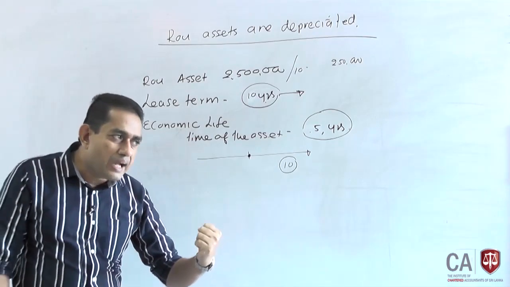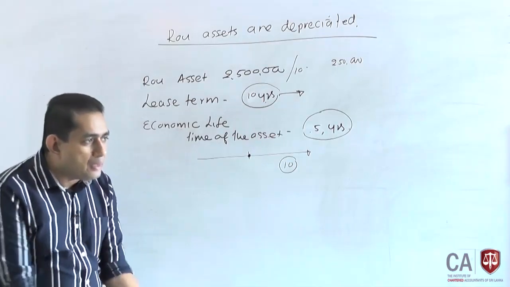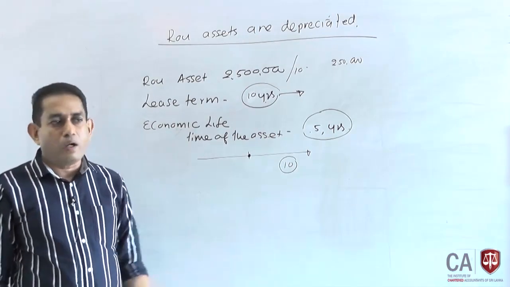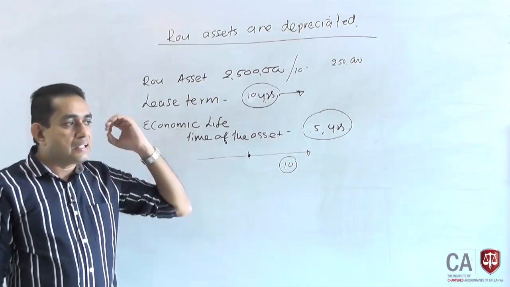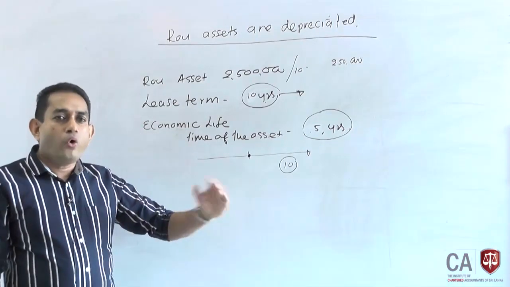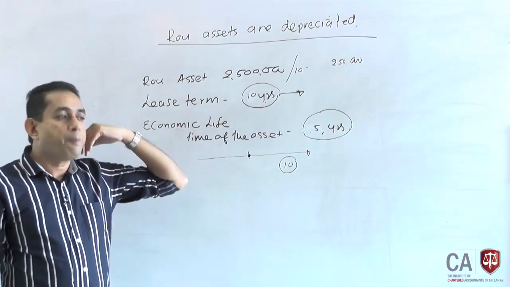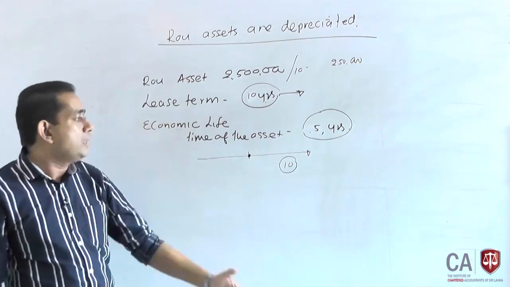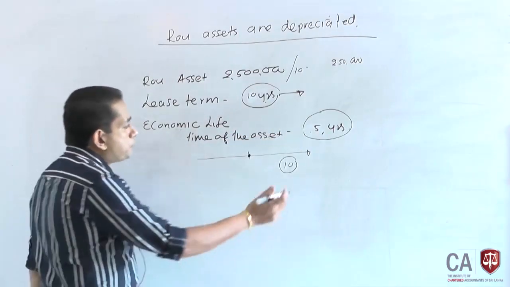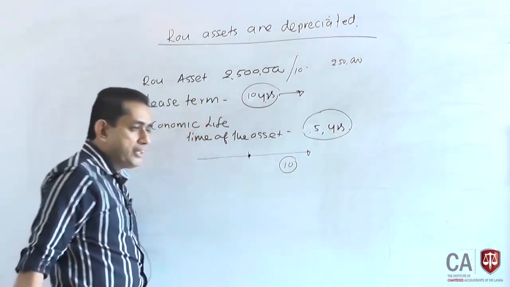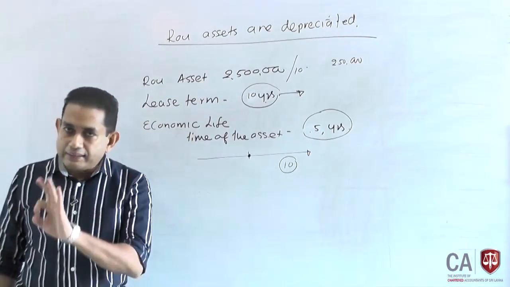The asset is dying in 5 years, it is buried underneath the ground, it is dead and gone in 5 years. So, whatever the lessee does with the asset, he can do it only over 5 years. The lessee can optimize the use of the asset only over 5 years. Then again the lessee has to depreciate the asset over how many years? 5 years. So, this is the principle.